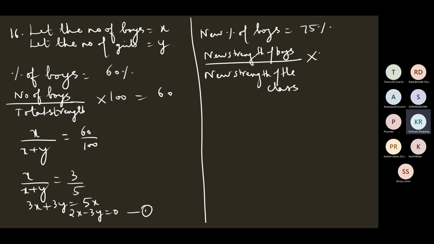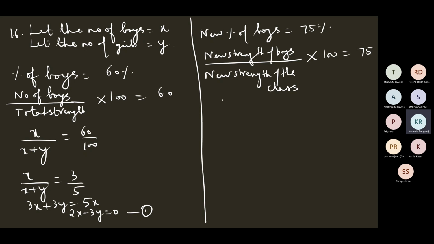Because how do you find the percentage of boys? Boys by class into 100. So the new strength of the boys by the new strength of the class into 100 will be equal to the percentage, 75. This is how you find the percentage. Number of boys by the total number of students in the class into 100 will give you the percentage.